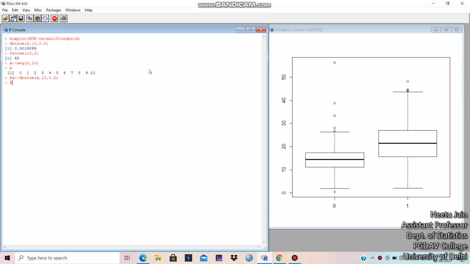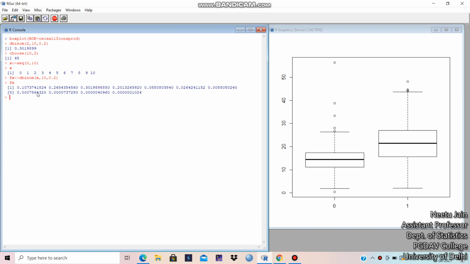You can check. See, this is at x equal to 0, at x equal to 1, at x equal to 2, probability x is equal to 2, probability x is equal to 3, x equal to 4, 5, 6, 7, 8, 9, 10. And the sum of all these would be 1, right?